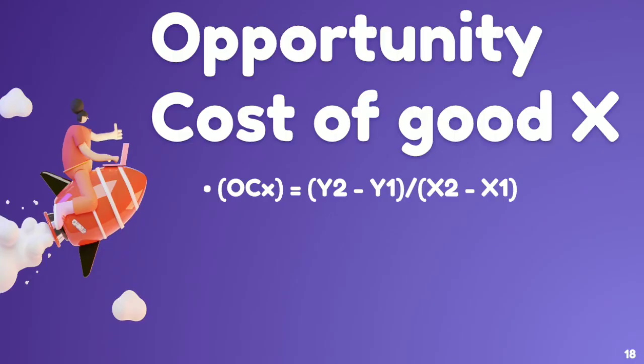The next one is opportunity cost of good X. It refers to what you have to give up to buy what you want in terms of other goods or services. When economists use the word cost, we usually mean opportunity cost. And it helps a manufacturer to determine whether to produce or not.